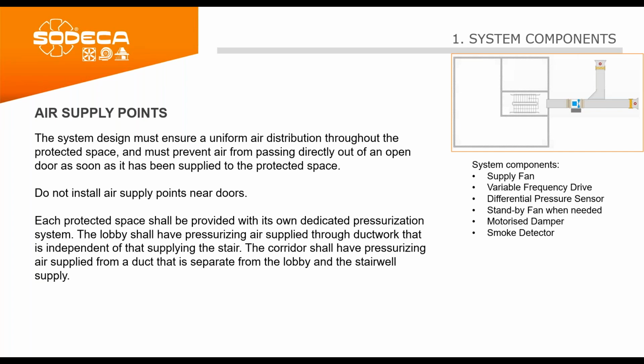And each protected space, stairwell, lobby, and sometimes corridor, shall be provided with its own dedicated pressurization system. The lobby shall have pressurization air supply through ductwork that is independent of that supplying the stair, and the corridor shall have pressurizing air supplied from a duct that is separate from the lobby and the stairwell supply.